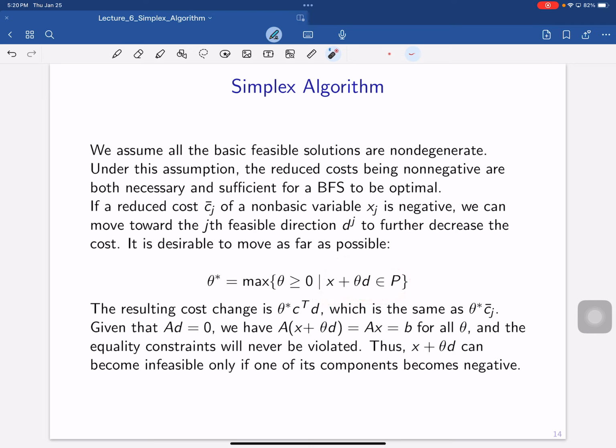In other words, you want to maximize the step size such that when you move along this direction d, you are still in this polyhedral set, right? That's just a construction of the simplex method. And the resulting cost change to the objective would be c transpose d times this theta star you calculated, right?